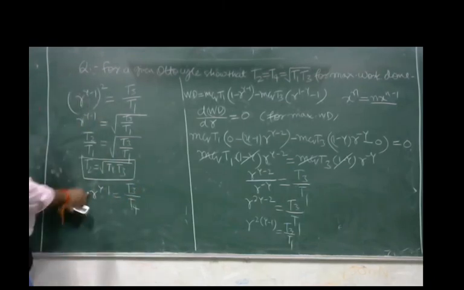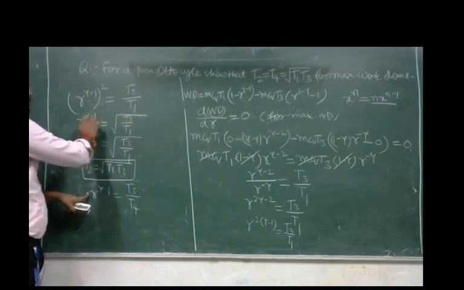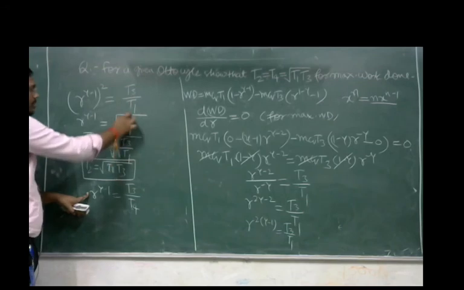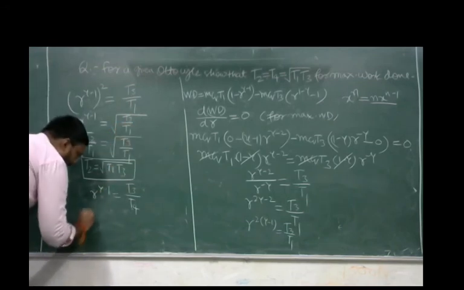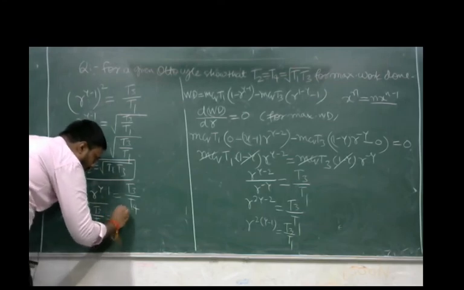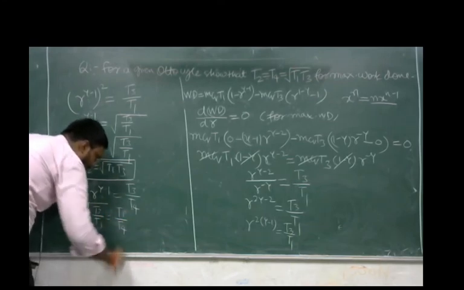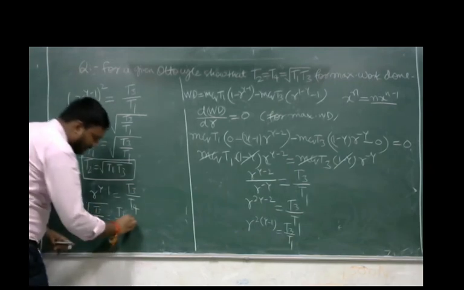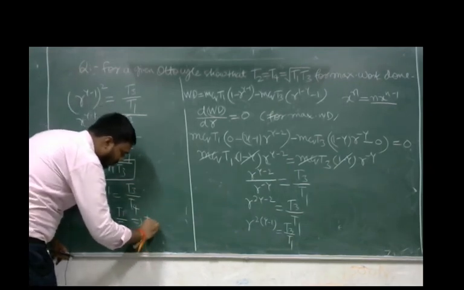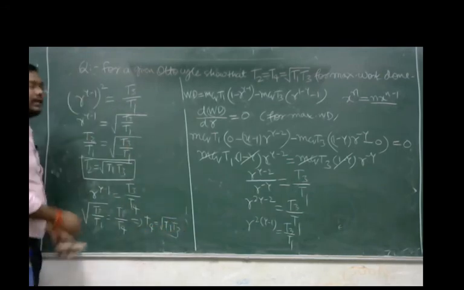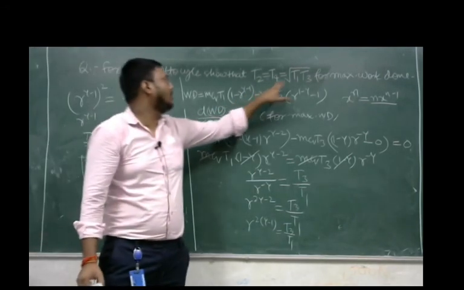And here we are saying that R to power gamma minus 1 equal to under root T3 by T1. So put this value here. So under root T3 by T1 equal to T3 by T4. After solving, you get the value T4 equal to under root T1 T3. So the second value also we have got, T4 is equal to under root T1 T3.